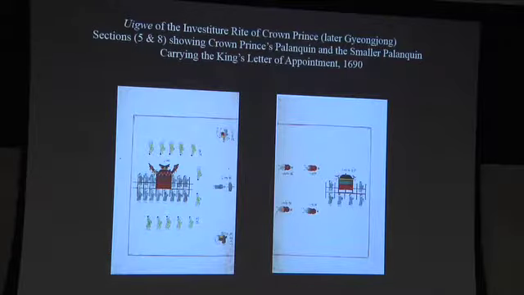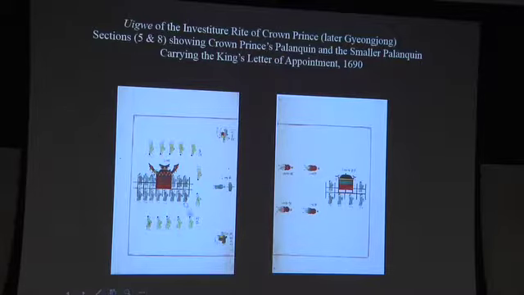And then they go through certain rites at the palace, mostly in Injeongjeon during this period, because Gyeongbok Palace in Seoul was the main palace, but it was burnt during the Japanese invasion and was not rebuilt until 1864.